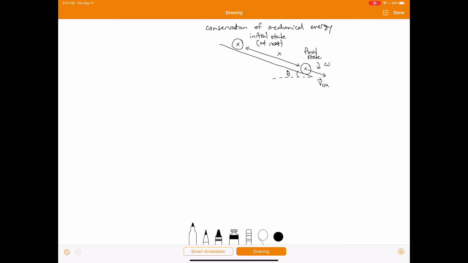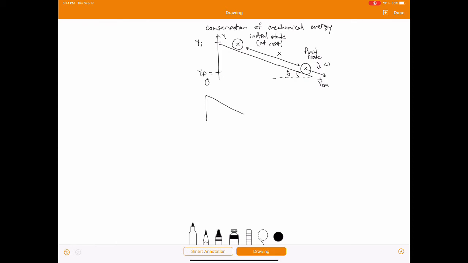So one thing we'll need to do is keep track of the height of this object, and we'll do that using the y-axis here. So the initial height is y initial, the final height is y final, and we're free to set the 0 point wherever we like when it comes to the y-axis. So why don't we just say y final is equal to 0.